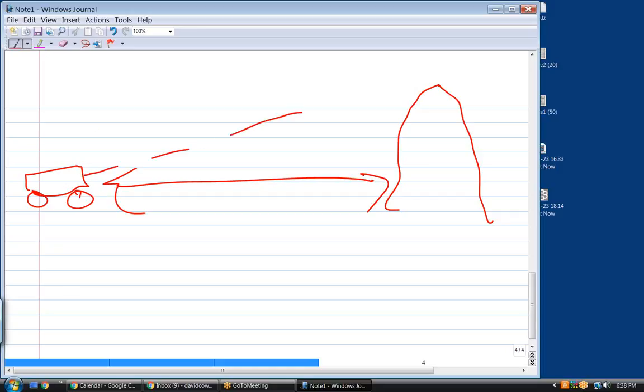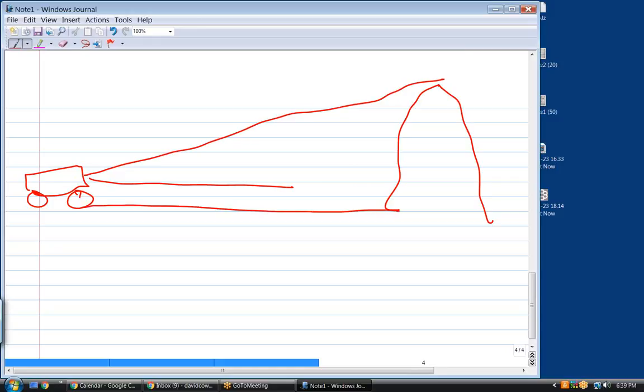You draw two triangles. The first triangle they do is that, and they measure this angle, theta. And then they move some distance in. Remember, they don't know how far they are from the mountain.